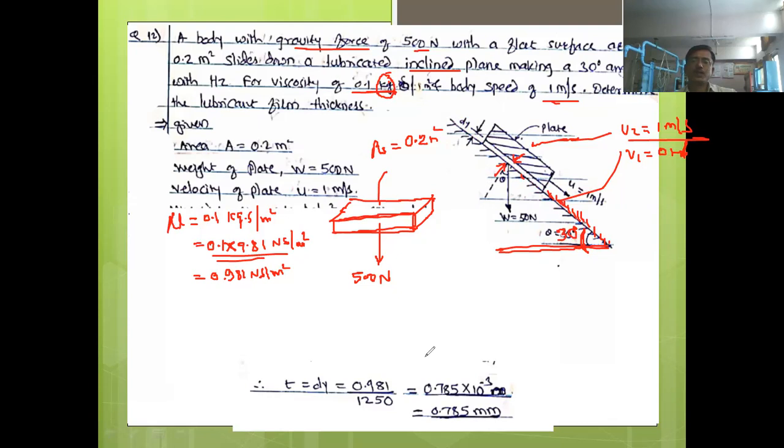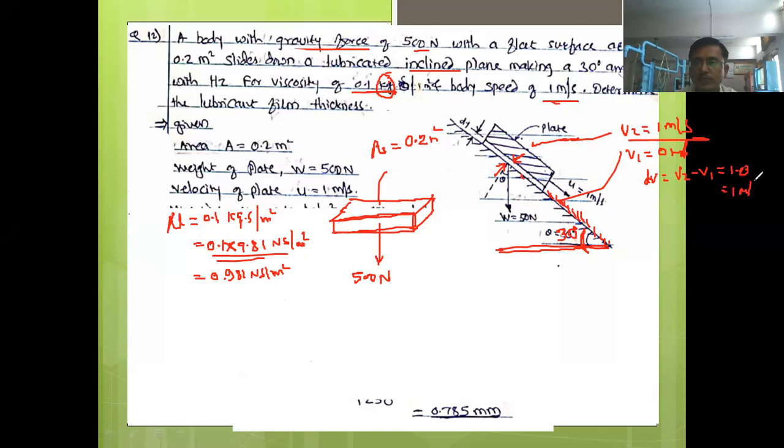Now how can we proceed to solve this problem? Which formula do we have to use to find that thickness? As in the previous problem, dv or du is nothing but v2 minus v1, that is 1 minus 0, equal to 1 meter per second.